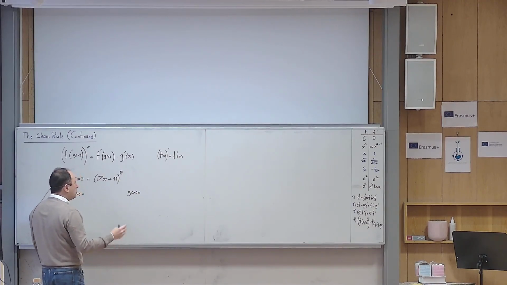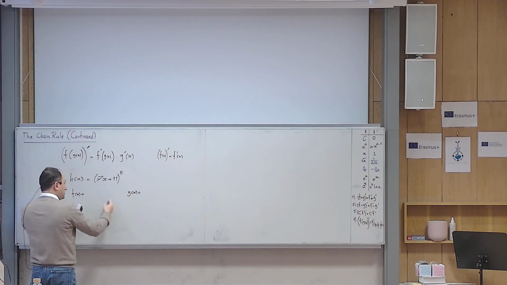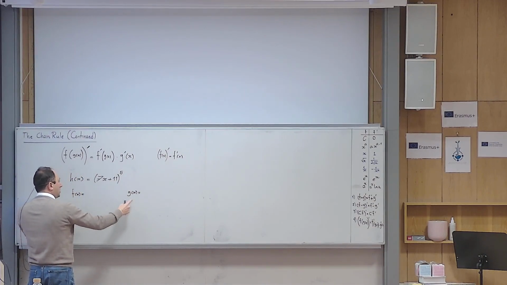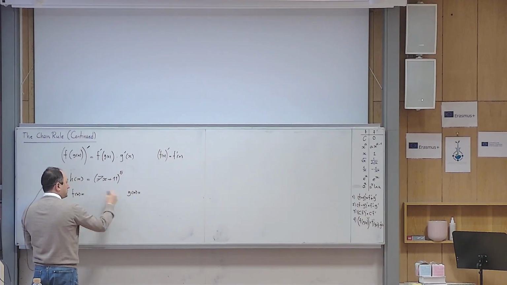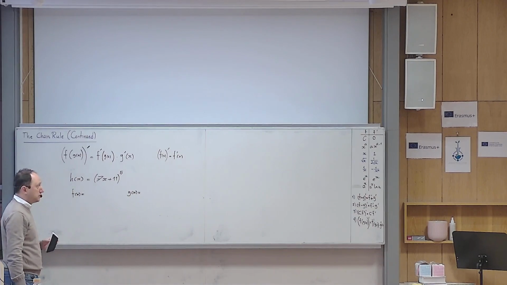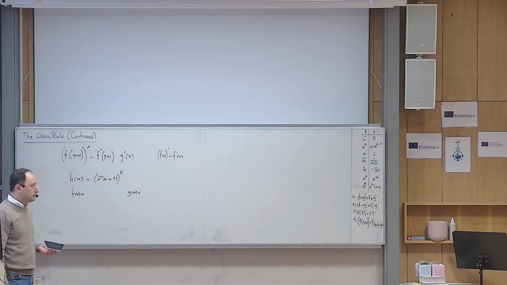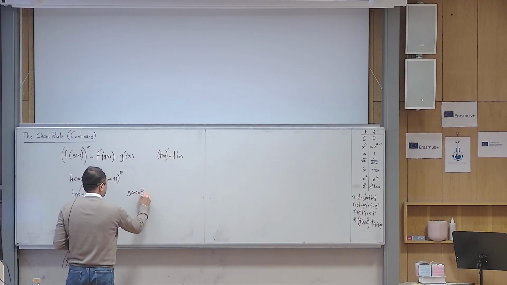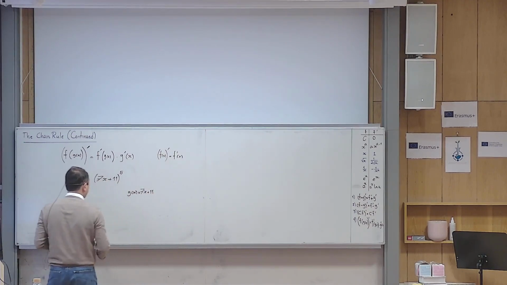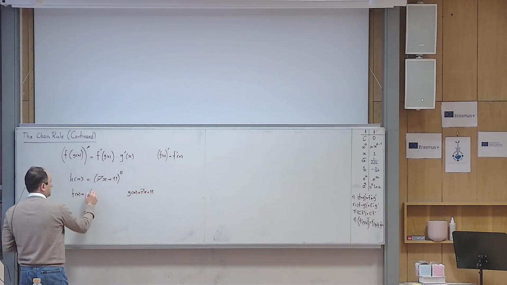So it is not only to compose them and it becomes this. I want you to write two functions that you not only compose and the composition is this, but also each one of them you can differentiate using the information on that list. Okay, but that's extremely simple. So what is the inner function here? 7x plus 11. And what is the outer function? x to the power of 5.